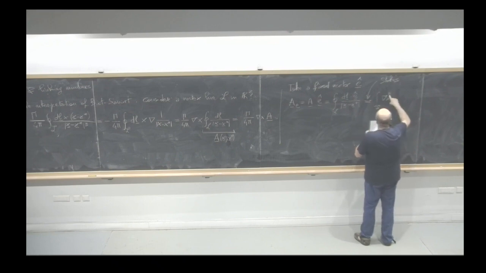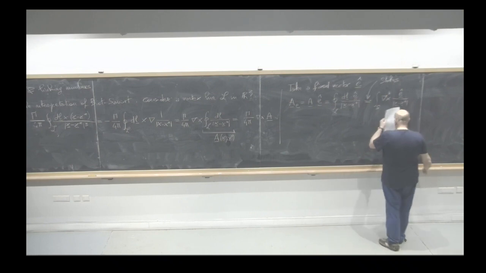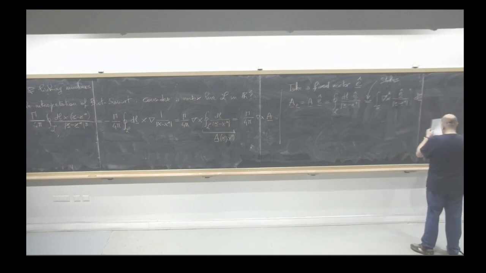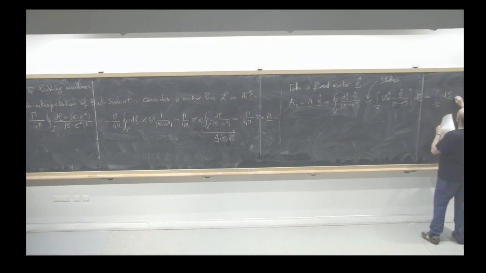I put a star here because it refers to the x star points, and this is E over |x minus x star| in dS. I'll elaborate a little bit again, and this is dS cross the grad star of 1 over |x minus x star|, times E.